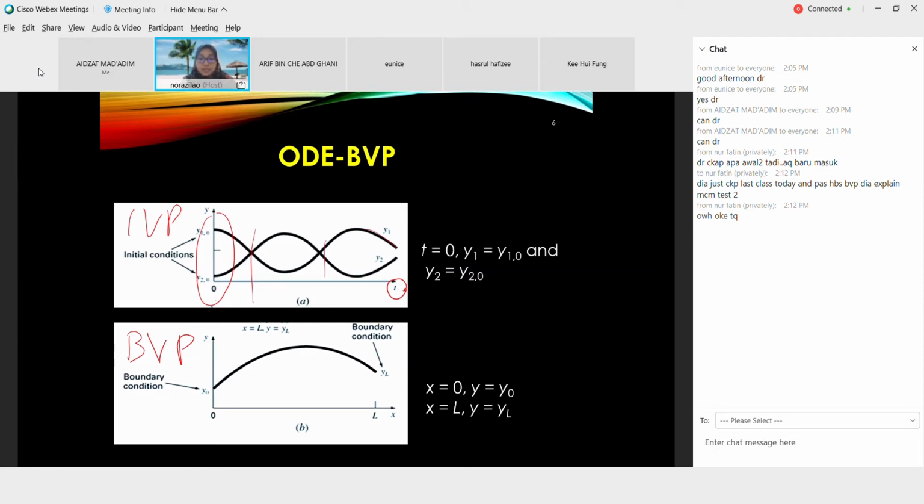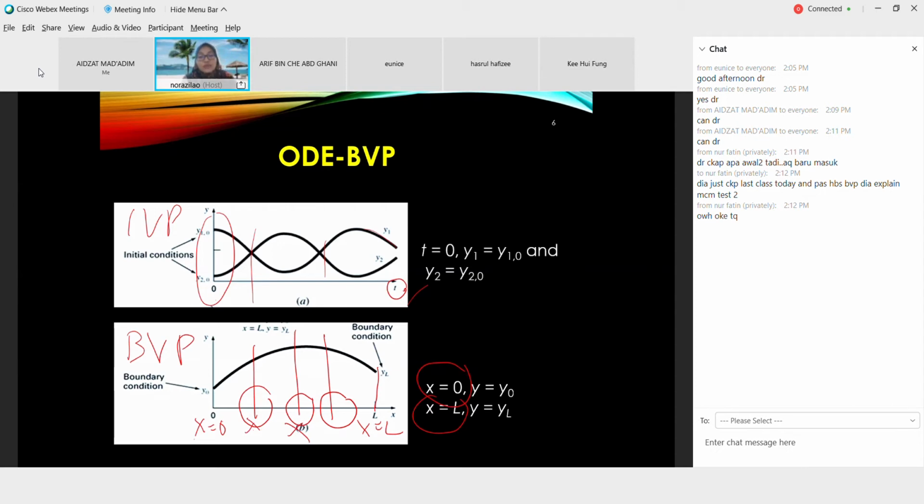For the second figure, this is the way we solve using BVP. Given the initial of x and then the end condition of x, we have x equal to 0 and then we have x equal to L. When we have the initial and end condition, we can explore the condition in between. What is the x value in the middle of the initial and end value?